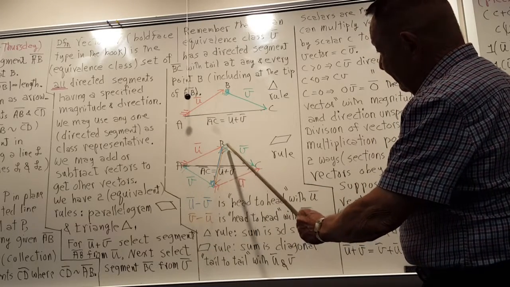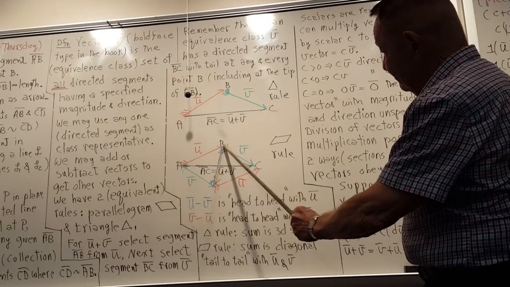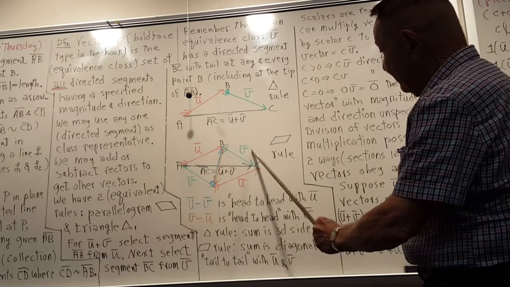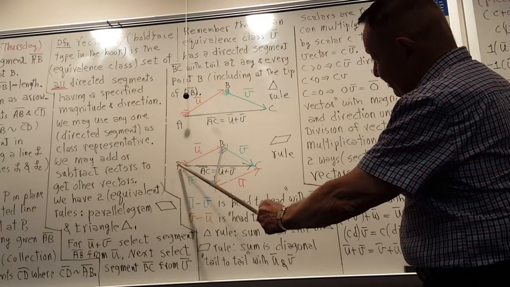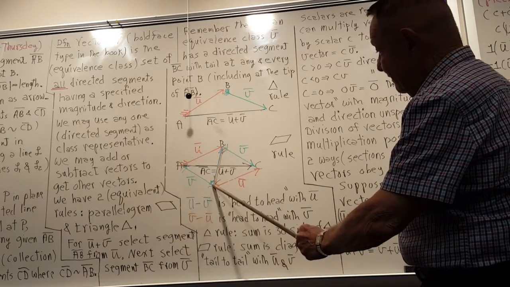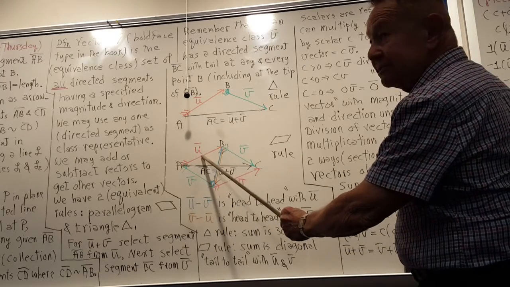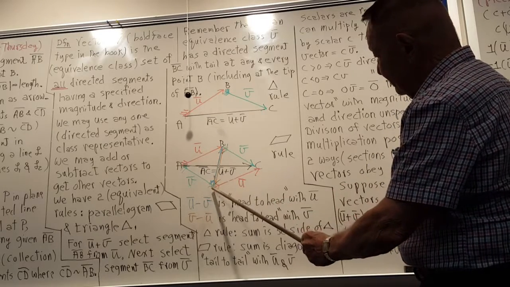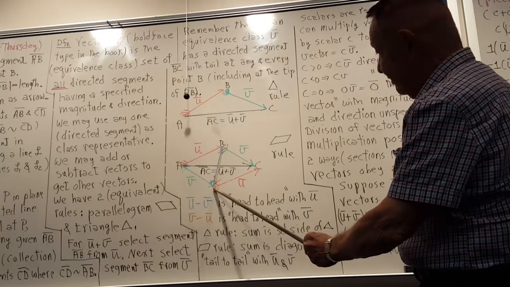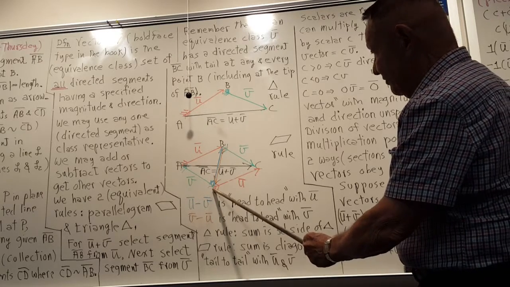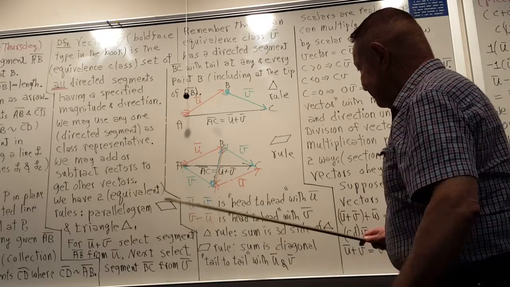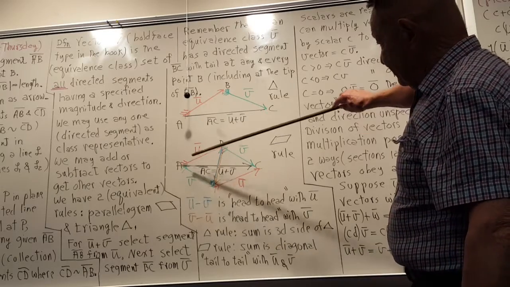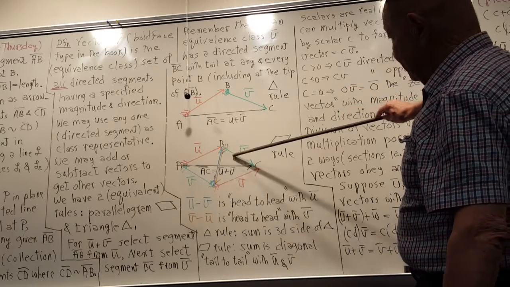So then another representative of vector field or equivalence class V is the one for which the tail is back here at A, and another representative of vector field or equivalence class U is the one that has its tip down here. If I wanted to, I could have called this point D, and so you could say it has its tail at D. And so I have the parallelogram, as you see.